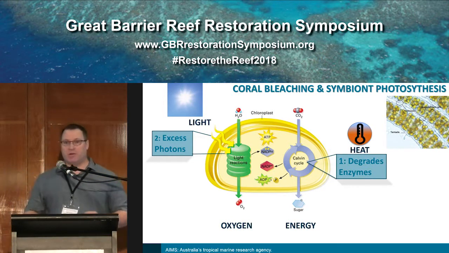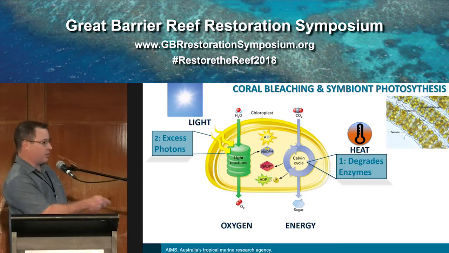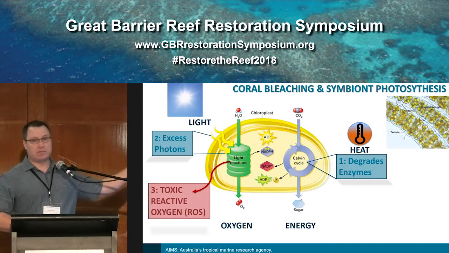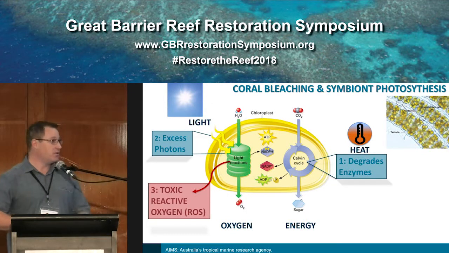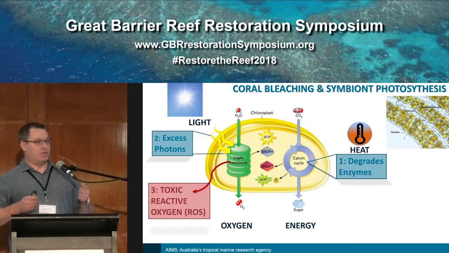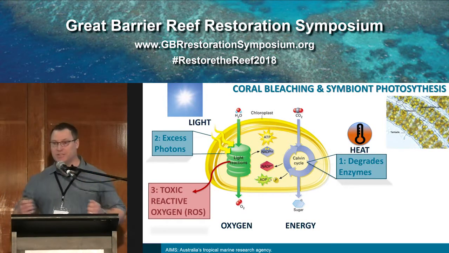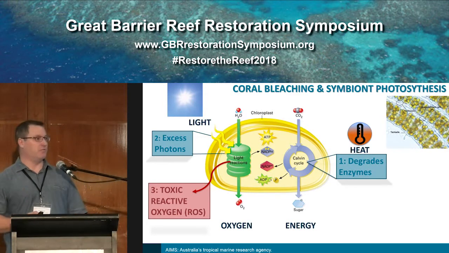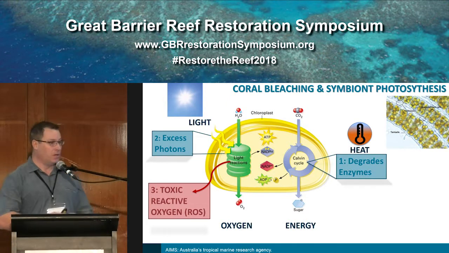That buildup of excess electrons interacts with the oxygen that's already really high in the coral tissue, and creates toxic reactive oxygen species that cause oxidative stress and start to degrade the cells within the host animal. The host animal starts to detect this reactive oxygen, and that's the event of bleaching, where the host is trying to protect itself from the reactive oxygen and expelling the symbiont.